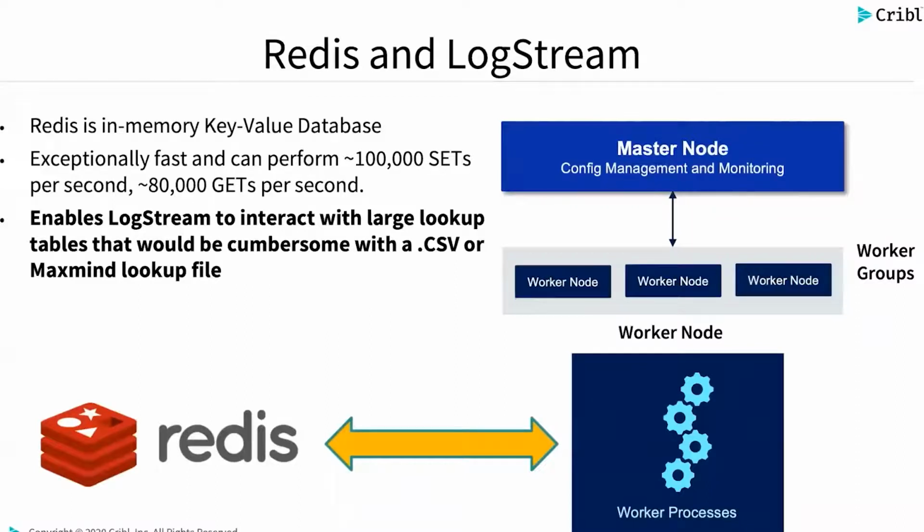So with the introduction of Redis, we have the option to use this Redis, which is an in-memory key value database. And it really enables LogStream to interact with truly large lookup tables that could otherwise be fairly cumbersome with our CSV support or with the MaxMind lookup files.